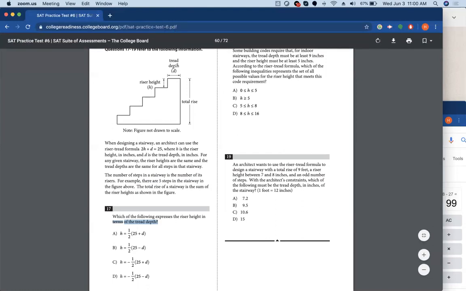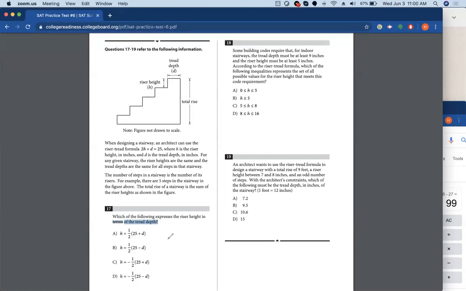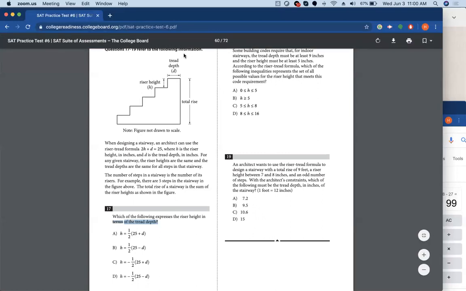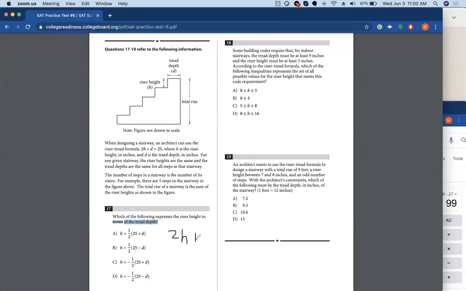So we're basically solving for H. Okay. Oh God. We have 2H plus D equals 25. Right. Quickly isolating our variables, we get H equals 1/2 times (25 minus D).